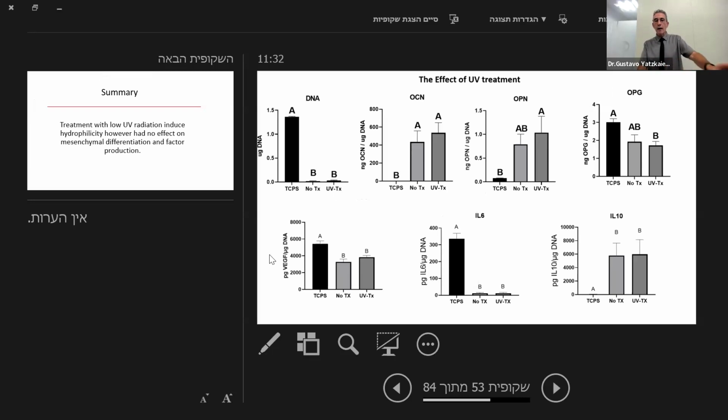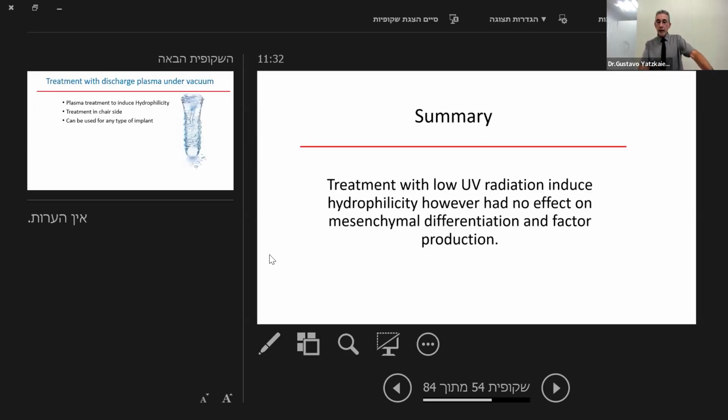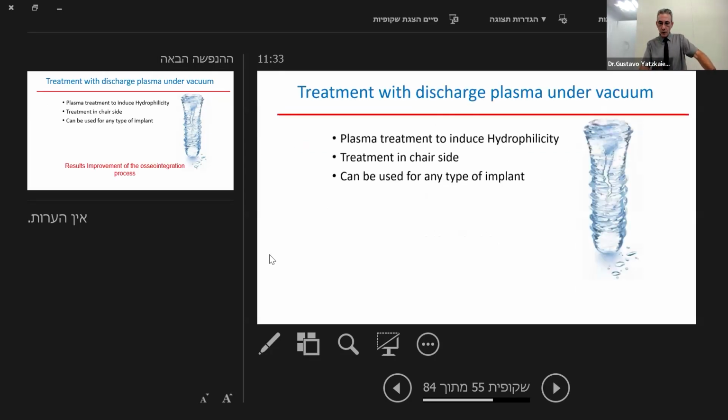The cellular proliferation decreases, some osteomarkers increase like osteocalcin and osteopontin, but osteoprotegerin decreases. In summary, this low UV radiation induced hydrophilicity, but had no effect on mesenchymal differentiation and factor production.